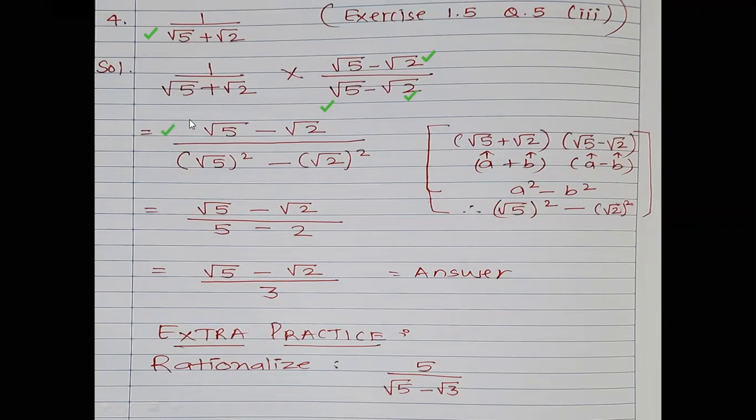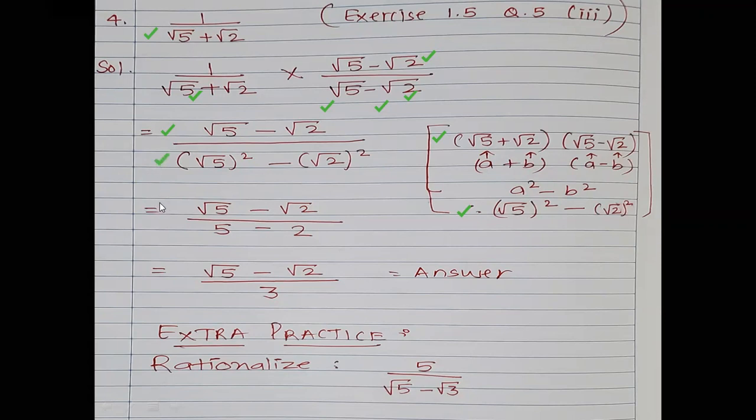And in the denominator, we have root 5 plus root 2 into root 5 minus root 2. And this one gets solved, gives you a square minus b square, which is root 5 square minus root 2 square. This is directly written over here.